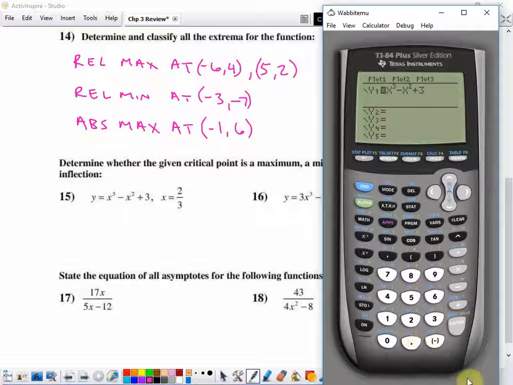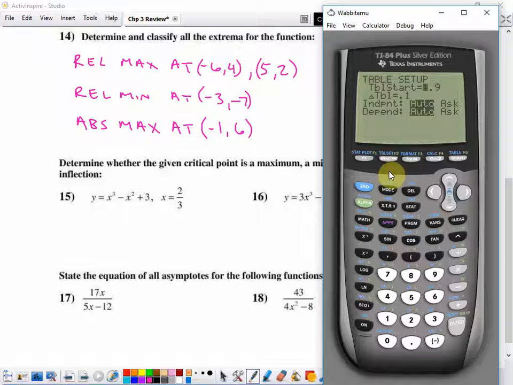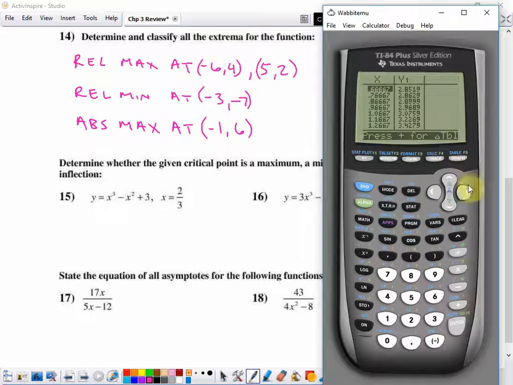And we don't even really have to look at the graph. What we want to do is look at the table. So first we'll go to table set, so that's second in window. And we'll start at 2/3, our critical point. And we want to keep our change in table at 0.1, so I won't change that. And then second graph shows me the table.